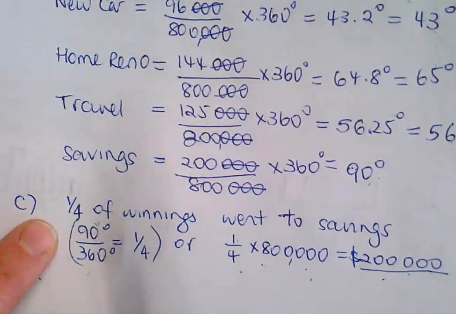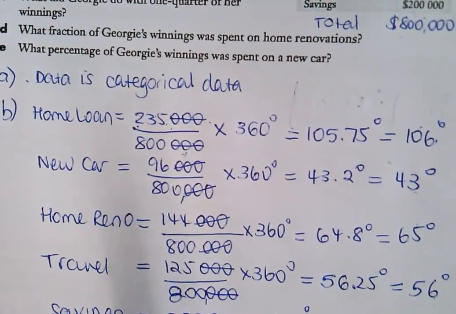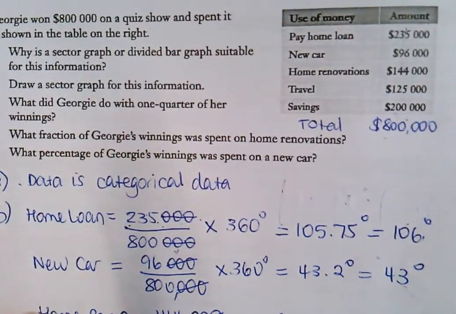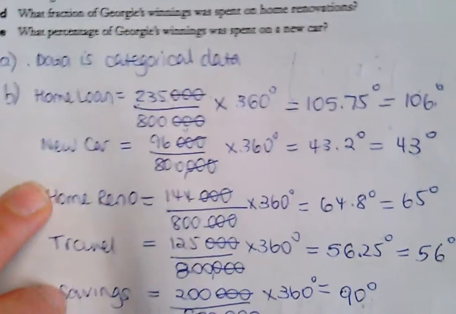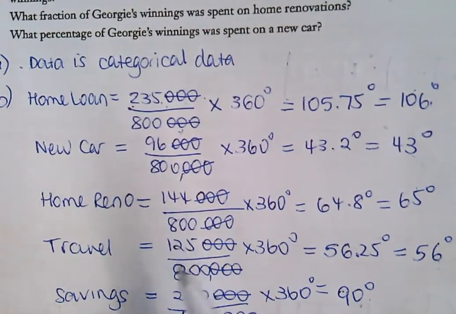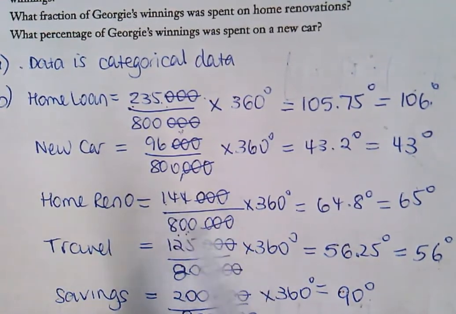Okay. D, what fraction of Geordie's winnings was spent on home renovations? So home renovations, we've got all this information up here. What fraction is on home renovations? Can you see it? That's the fraction. 144,000 over 800,000.